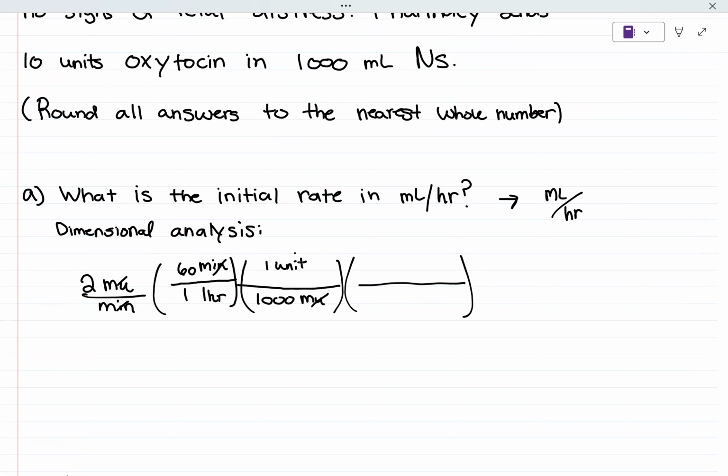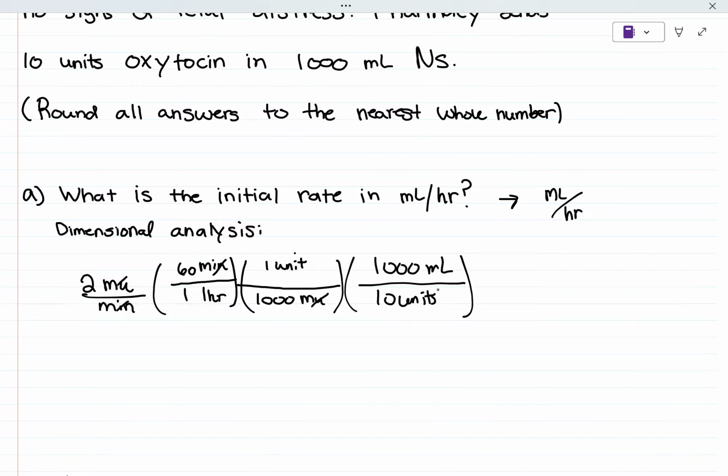We know that 10 units is 1,000 milliliters, because the pharmacy sends 10 units in 1,000 milliliters.